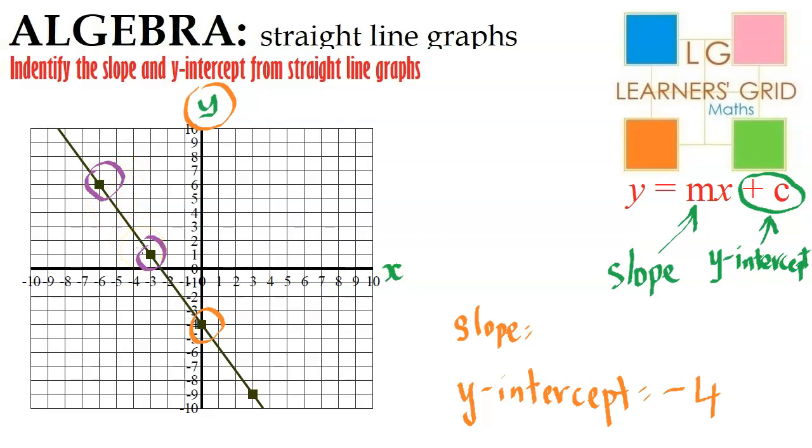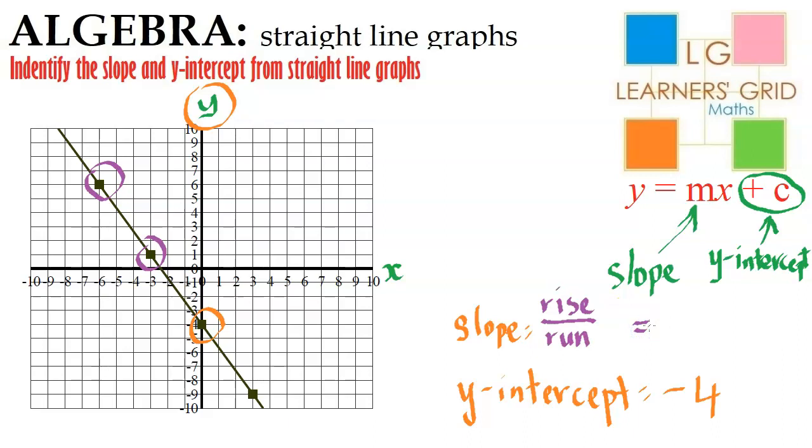So once we've got our 2 points, we have to make the fraction which gives us the slope. Okay, and so it looks a little bit like this. When we do our fraction, the number that goes on the bottom is what we call the run. And the number that goes on the top, like our numerator, is what we call the rise. And this is how you can figure it out.